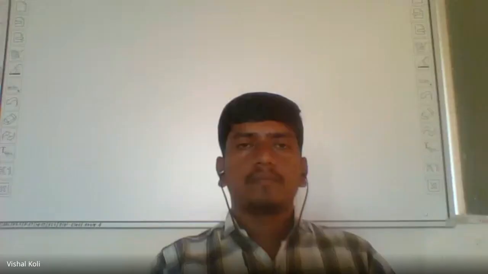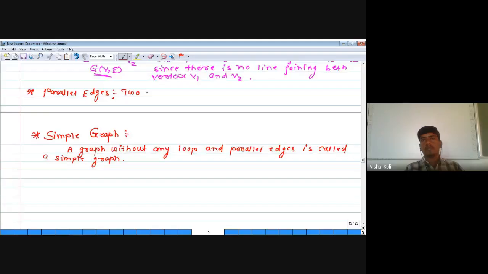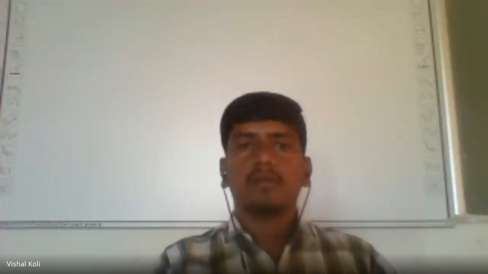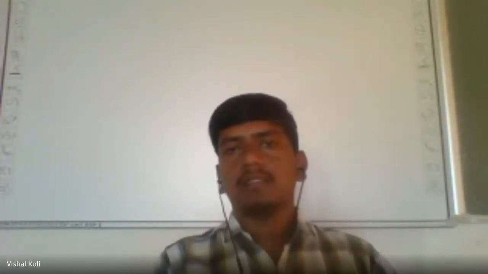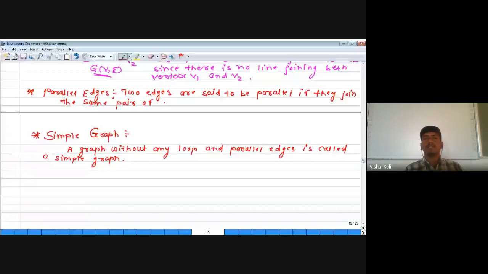Two edges are said to be parallel if they join the same pair of vertices. See its example.